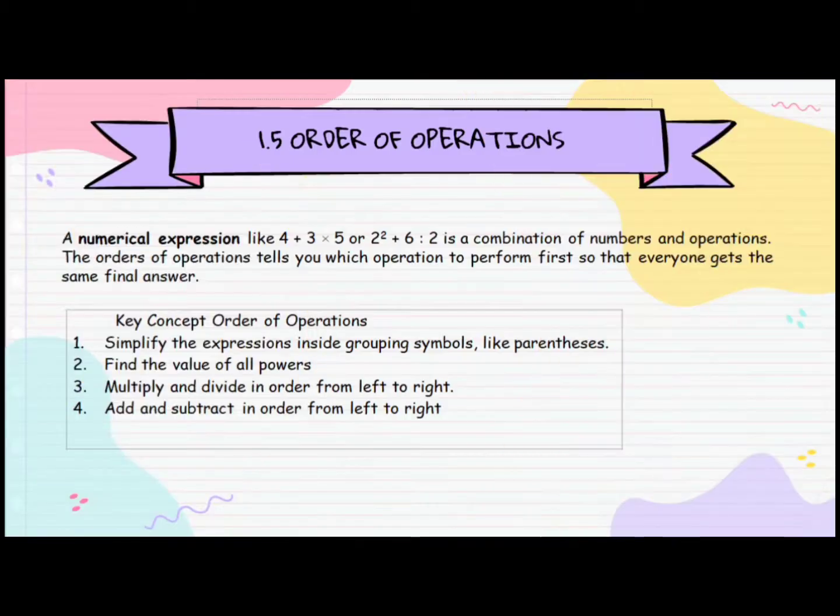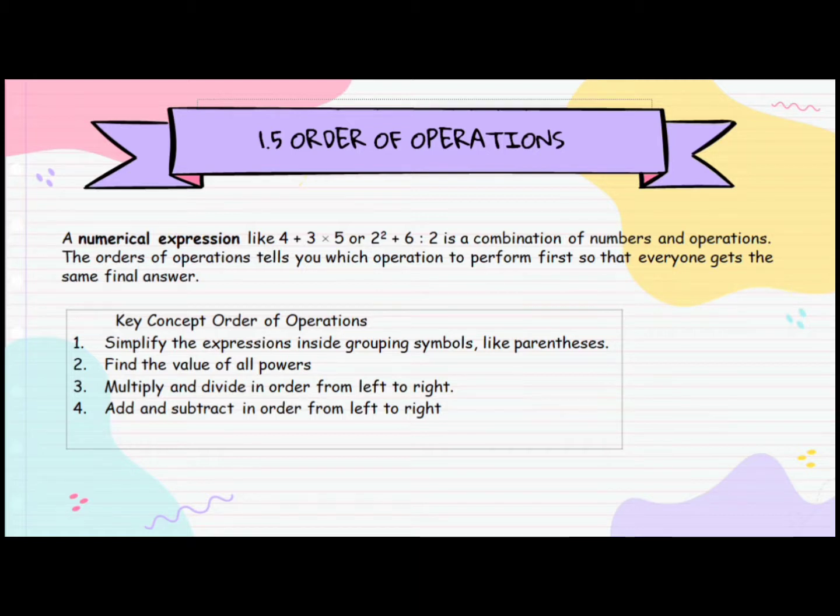The next material, order of operations. A numerical expression like 4 plus 3 times 4 or 2 squared plus 6 divided by 2 is a combination of numbers and operations. The order of operations tells you which operation to perform first so that everyone gets the same final answer.